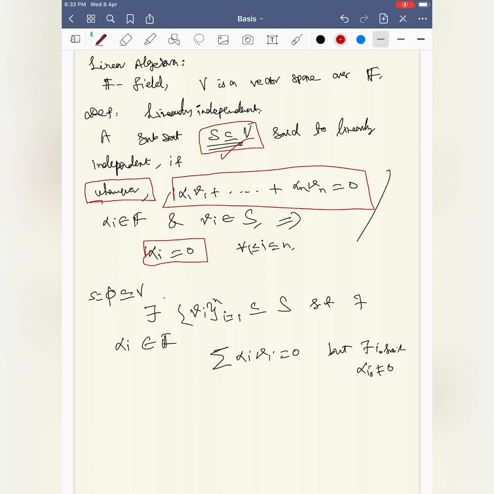I cannot show this here because I cannot take such a collection, since S is empty. So my definition says that the empty set is always linearly independent. The word whenever is very important.